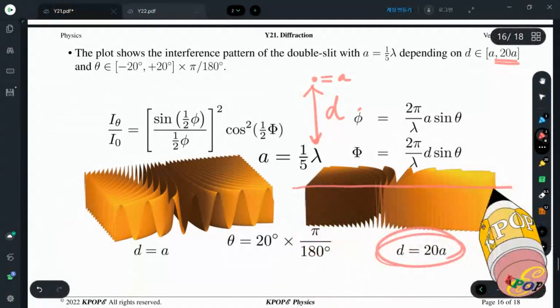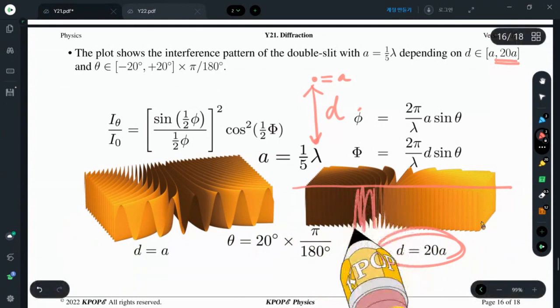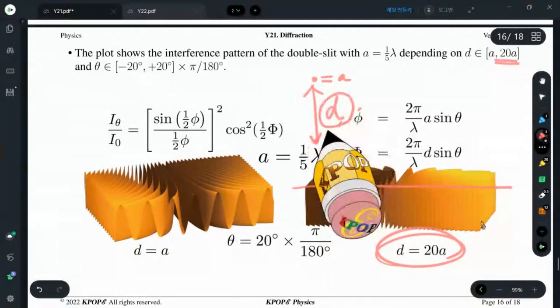The whole distribution looks very flat, and then there is a wiggly behavior due to the separation d of the two slits.